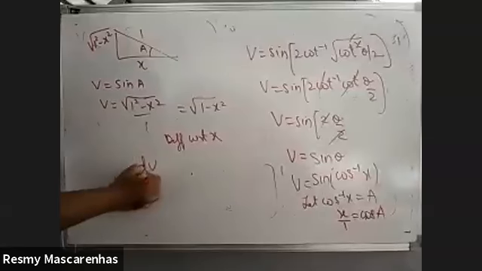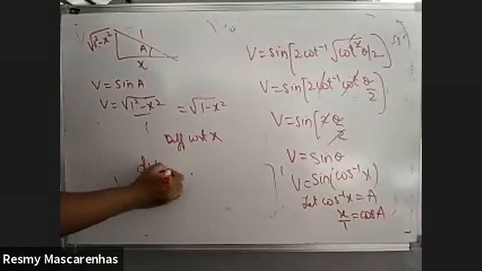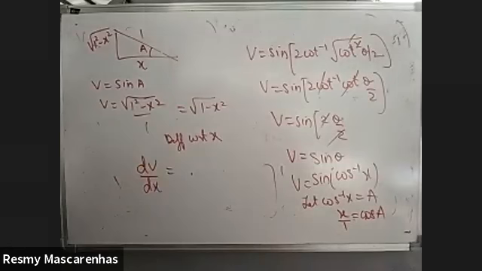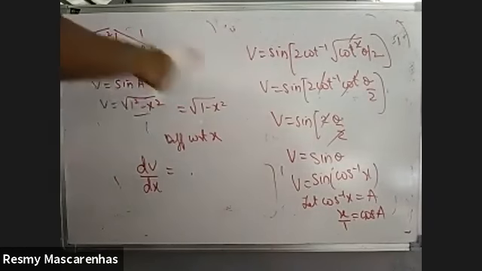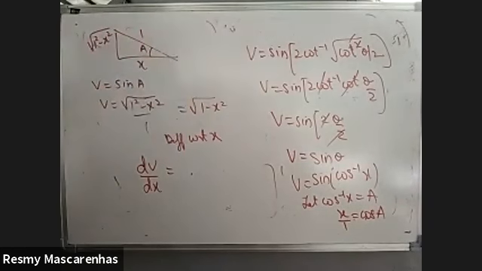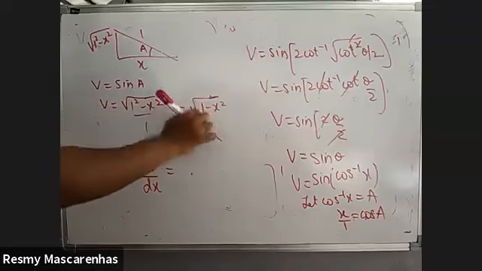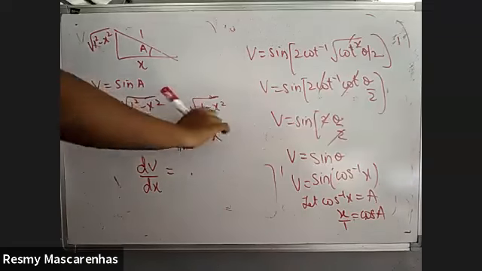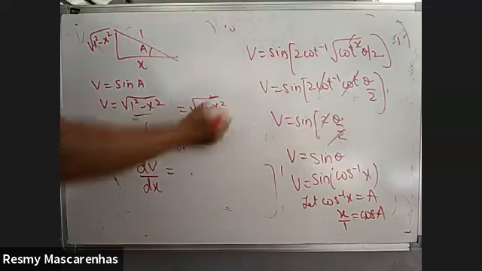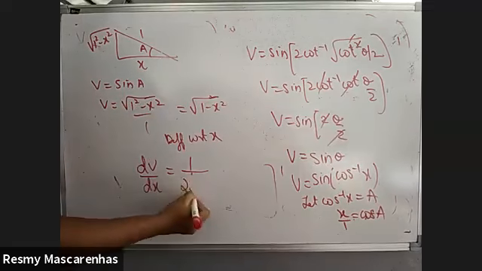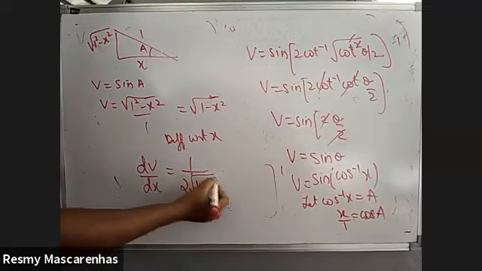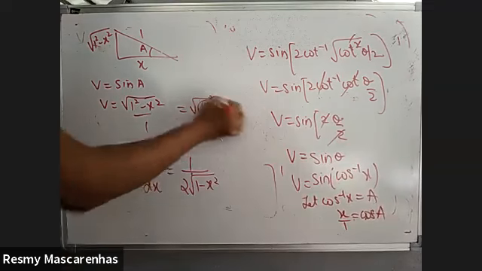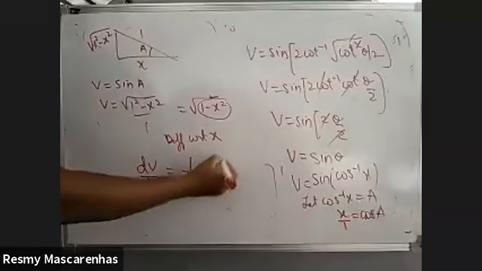So dv upon dx will be equal to, this I'm not explaining in so much detail because the triangle method you all should know by now. So many times I've done this. Now this part I'll explain. Root of something. So derivative of root of this will be 1 upon 2 root x, but then extra derivative of whatever is inside the bracket.